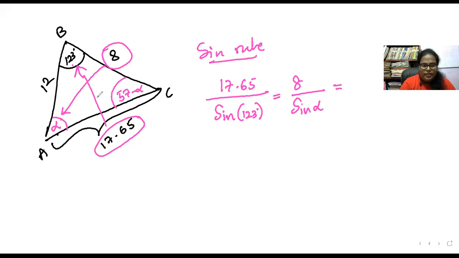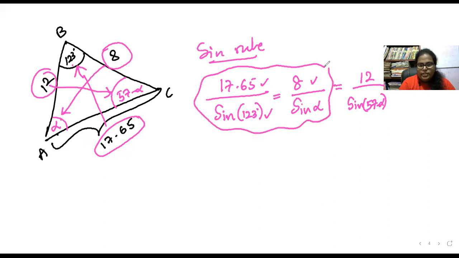And I'm writing for the other angle also, 12. What is the opposite angle? 57 minus alpha. So sine of 57 minus alpha. You can see for all these three cases, we have numerical values. So by taking this equation, we can solve for sine alpha.